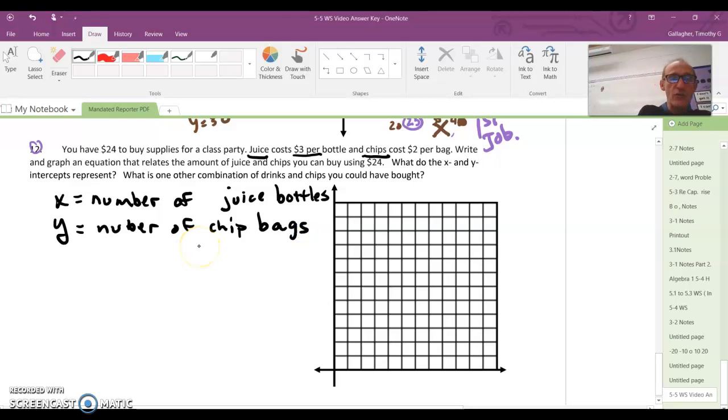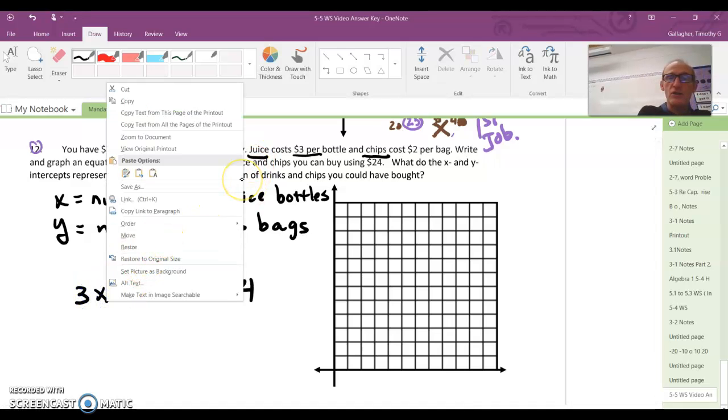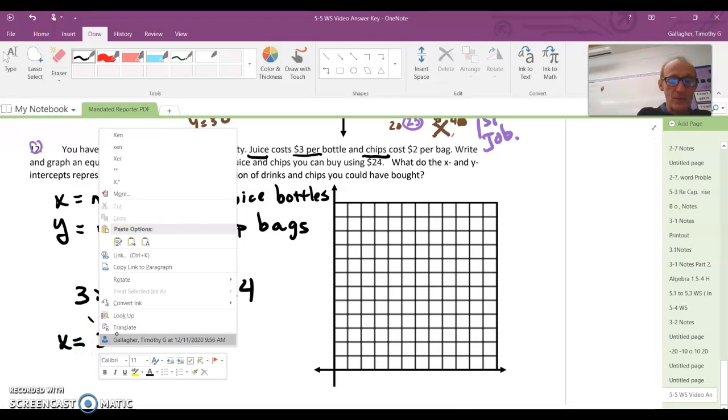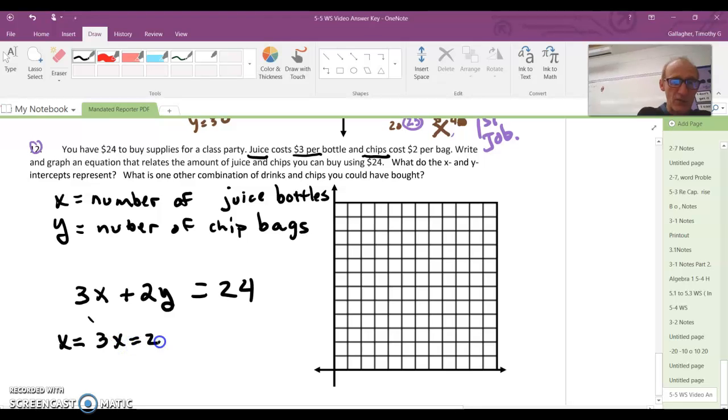So if our total is 24, then it's $3 times the number of juice bottles, so 3x, and $2 times the number of chip bags, so 2y. This is your equation in standard form. For the x-intercept, 3x equals 24, so x equals 8, that's 1, 2, 3, 4, 5, 6, 7, 8, and this is juice bottles.